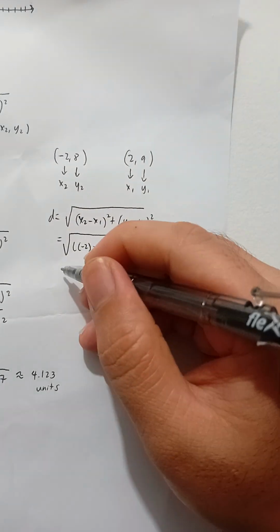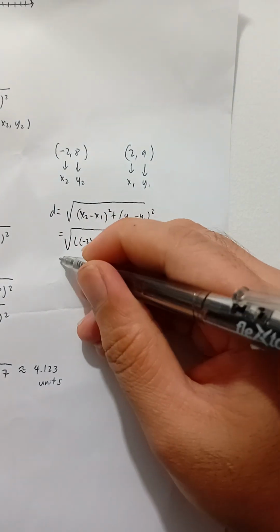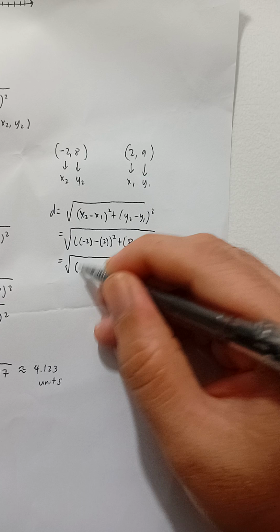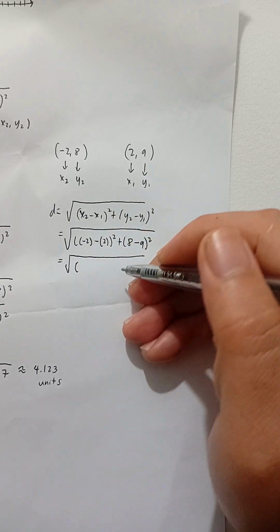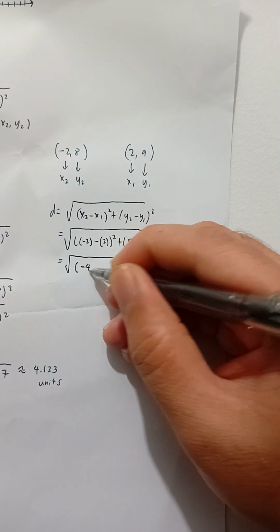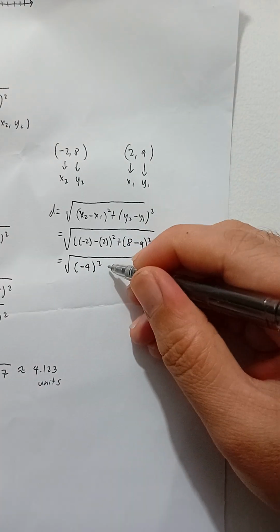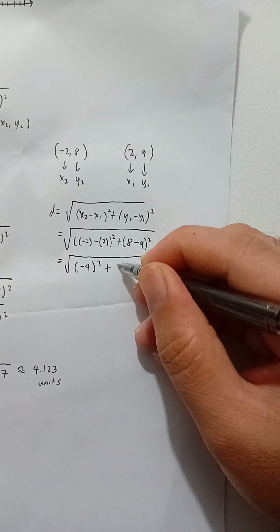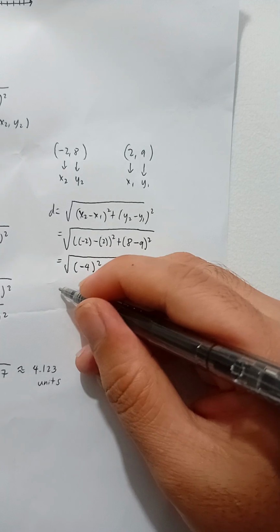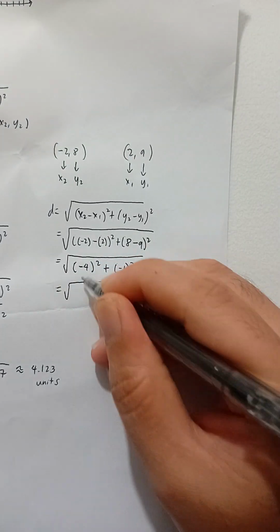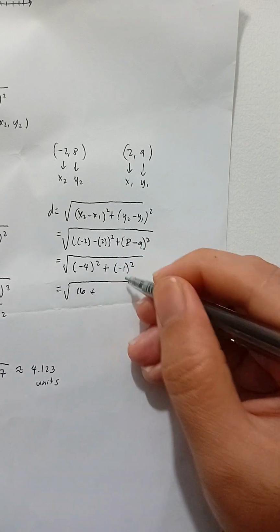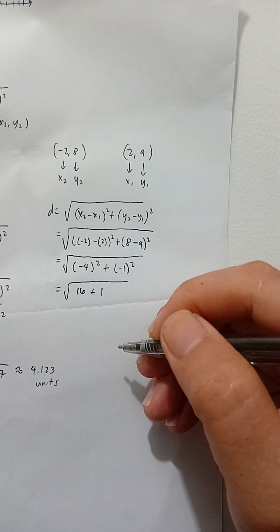Okay, let us evaluate this expression. Negative 2 minus 2 is negative 4 squared, plus 8 minus 9, that is negative 1 squared. So negative 4 squared is positive 16, plus negative 1 squared, which is positive 1.